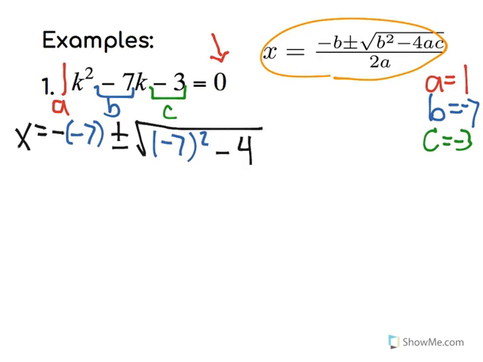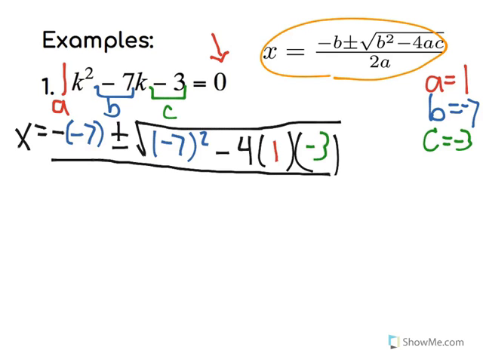Minus 4. And then a times c. So our a value is 1, and our c value is negative 3. And then everything is divided by 2 times a, which is 1.